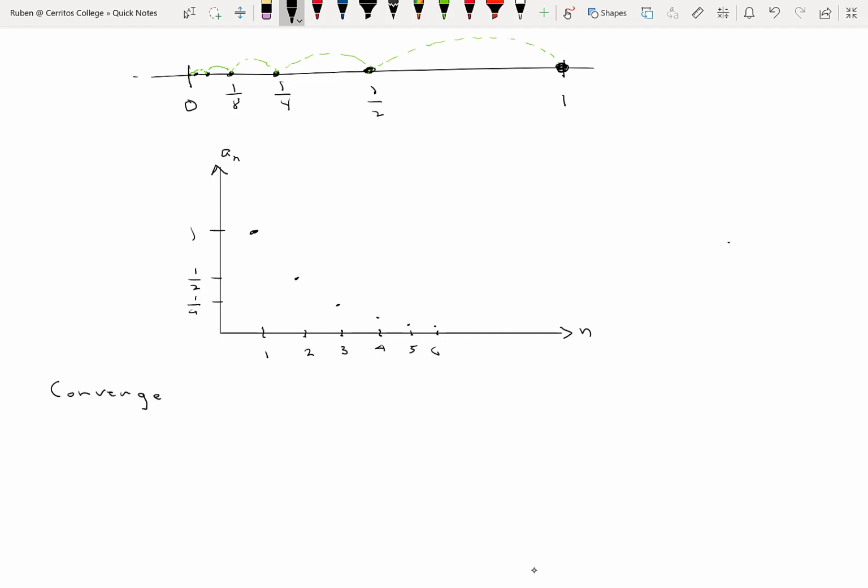Remember, all of our discussion in this section, section 11.1, takes place with respect to sequences, as opposed to series, adding up those terms in the sequence. Convergence of sequences. The previous sequence converges to 0. The sequence 1 over 2 to the n minus 1 converges to 0.